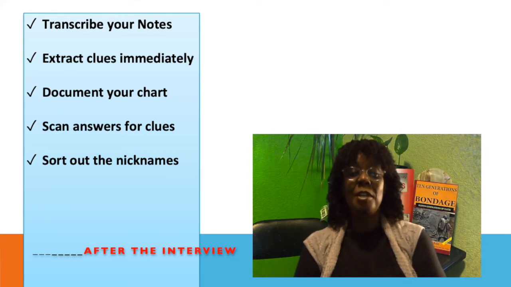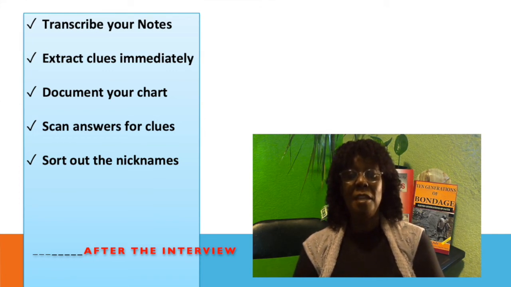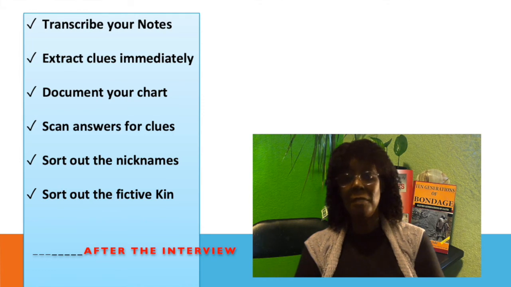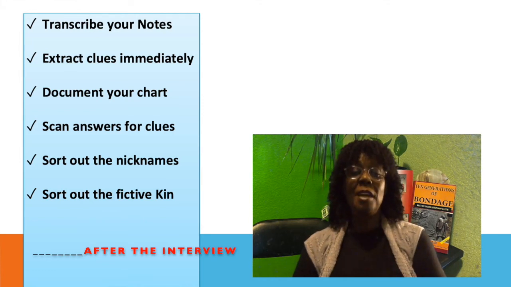For example, I interviewed my father, and he told me all the names of his brothers. He had Uncle Bud, he had Uncle Son, he had Big Baby, and they all had Junebug. Sound familiar? So they had all these different nicknames.